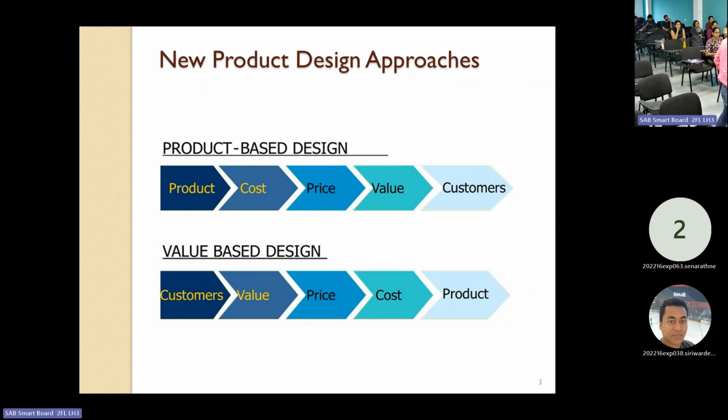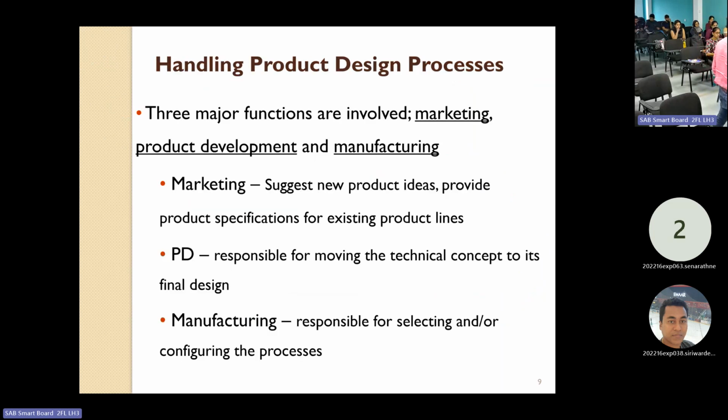I explained these two product design approaches, and who is involved in making such decisions, especially the product designing team or product development team. It is a part of R&D, and they are the main responsible experts, supported by the marketing and manufacturing teams because it's a joint decision.